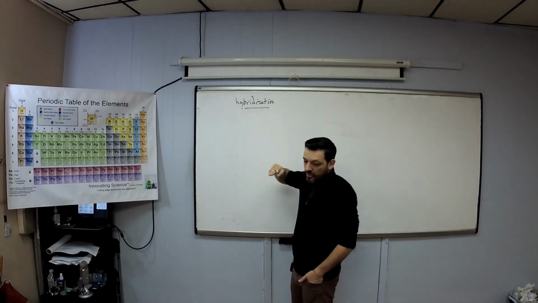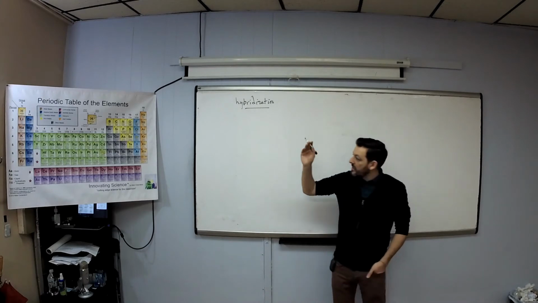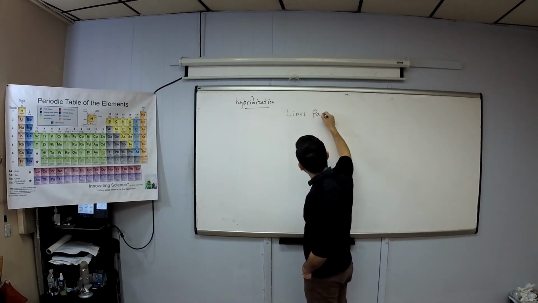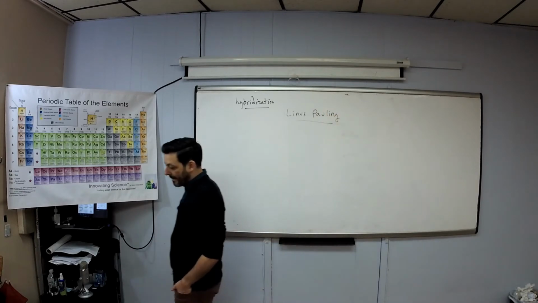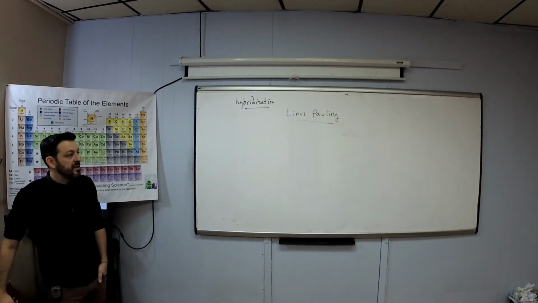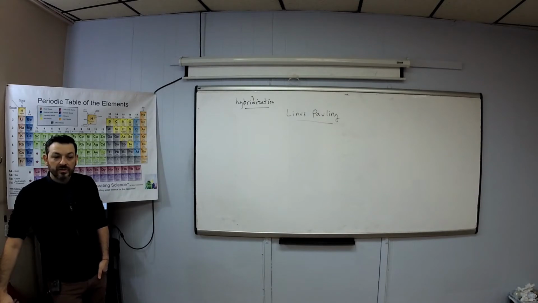So hybridization, the theory of it, was developed by Linus Pauling. I mean, he came up with the theory of bonding in the first place. A lot of people never heard of Pauling, but you've heard of his work.